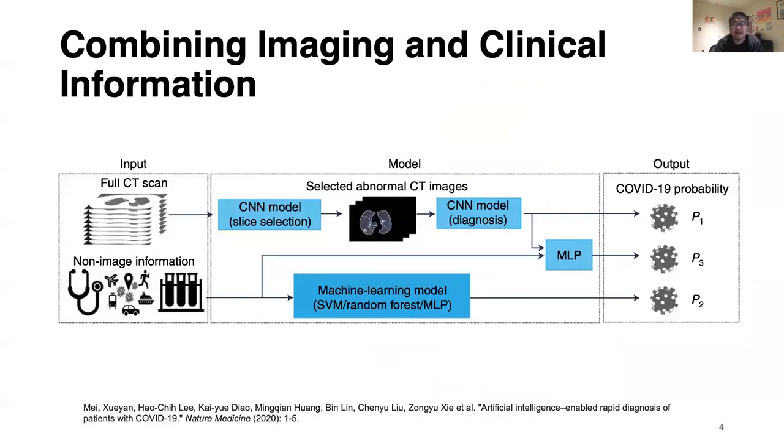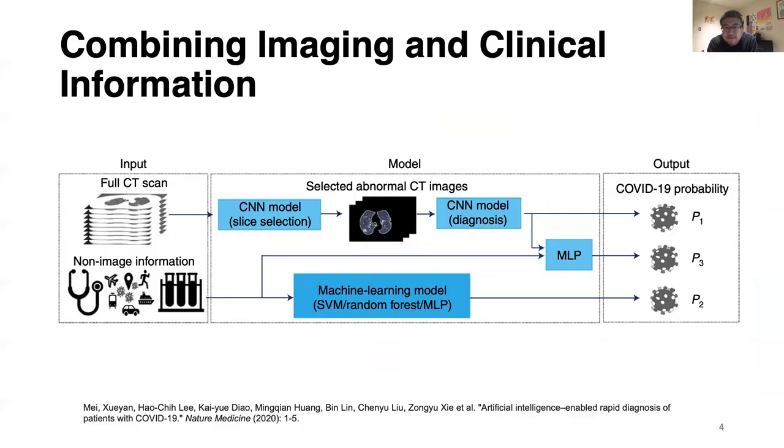And later on, there is another paper published by a collaboration between Mount Sinai Hospital and some institutions in China, where they try to integrate both the imaging features and the clinical features to perform the COVID diagnosis.